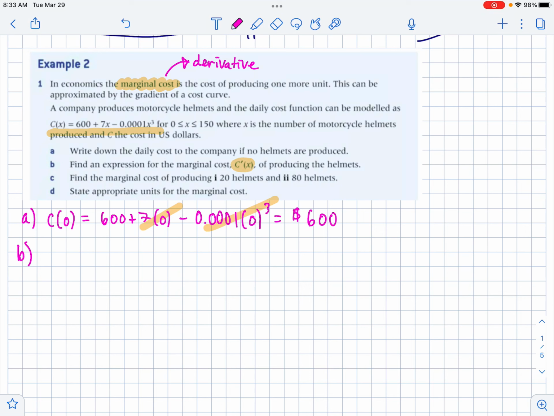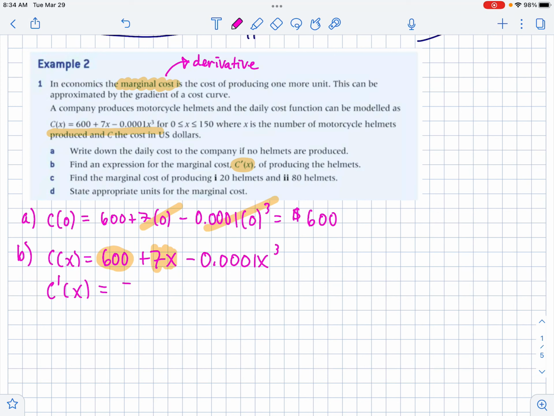Part B, find an expression for the marginal cost. And they even tell you right here that that expression is C prime of x. That is just using the power rule to find the derivative of that function. So if C of x is 600 plus 7x minus 0.0001x cubed, if we're going to take the derivative of this, remember the derivative of a number is just 0, so that part goes away.